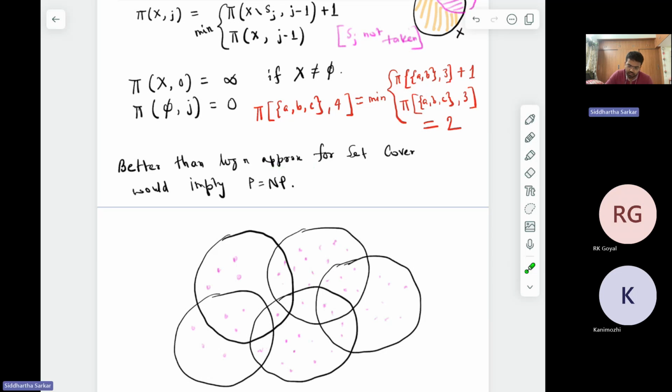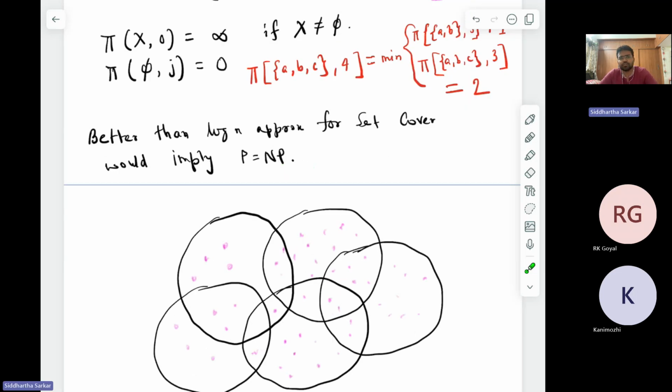On the other hand, whether FPT, what the FPT literature says, I have to check. Let me quickly look at the book and see. This is discussed in which chapter?